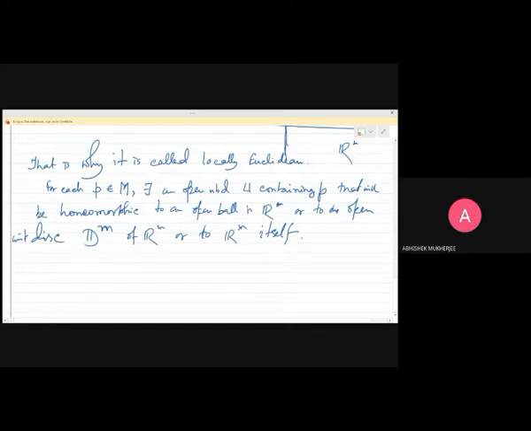So for that reason M will be called locally Euclidean of dimension m, okay.